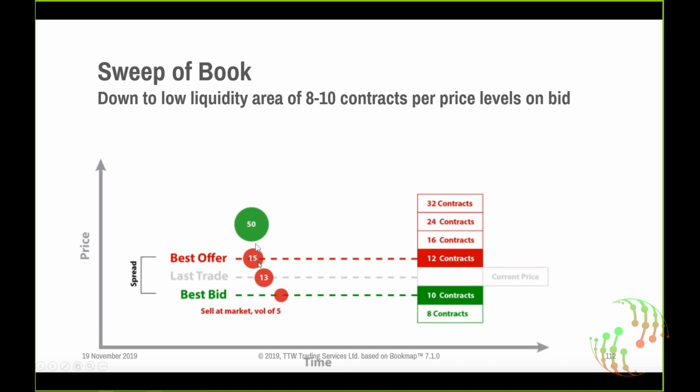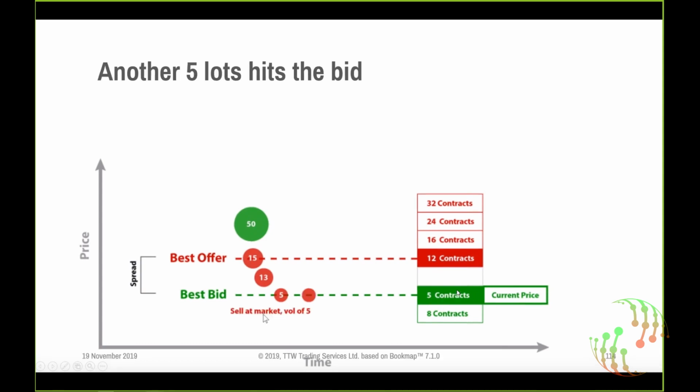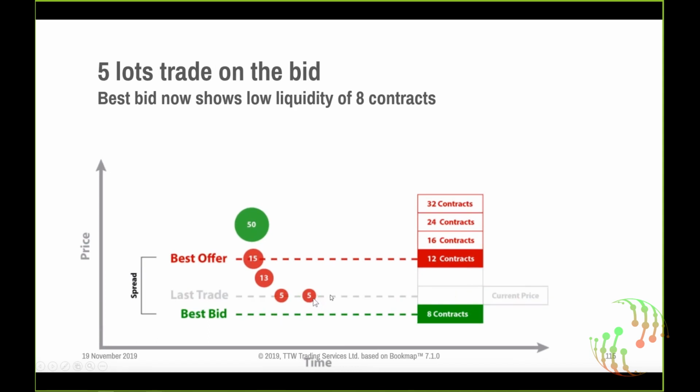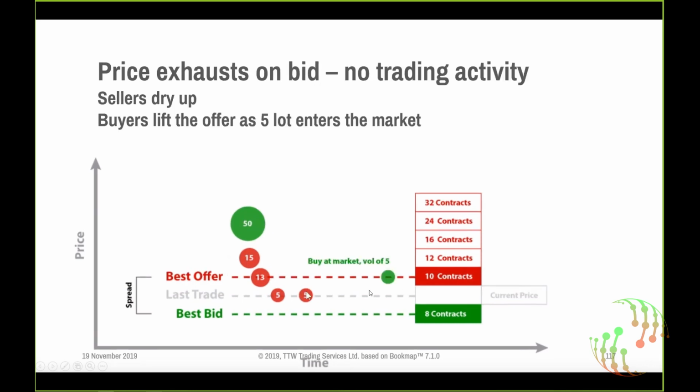So they're trading and hitting the bid here. 10 contracts remain before the best bid. They are selling 5 contracts. That means we still have 5 contracts on the current price on the best bid. So sell again 5 contracts and nothing happens. And then suddenly one comes back, trades on the offer and lifts the price.